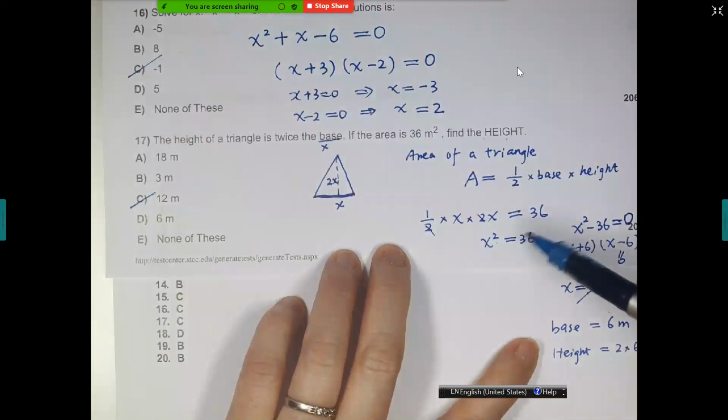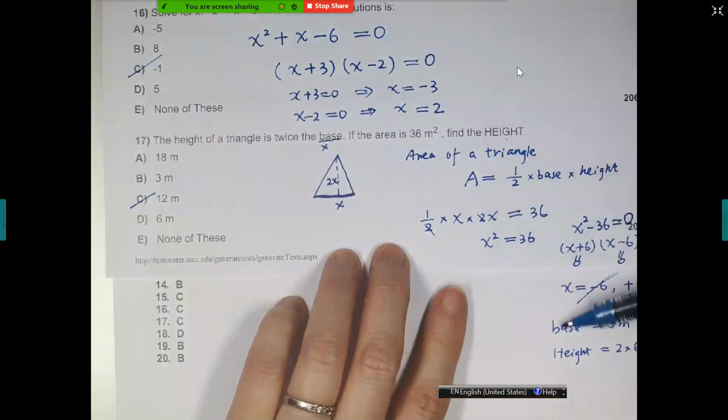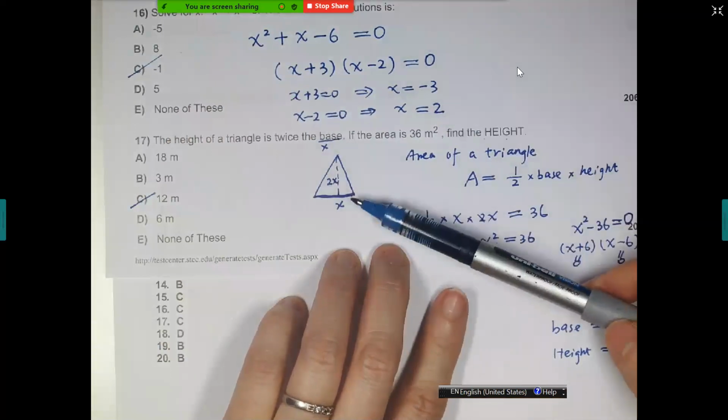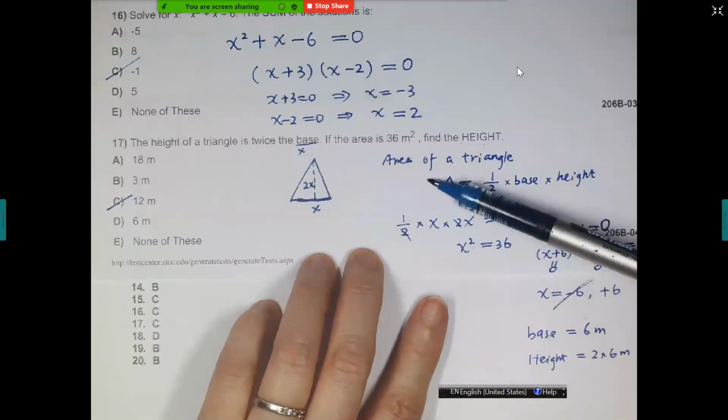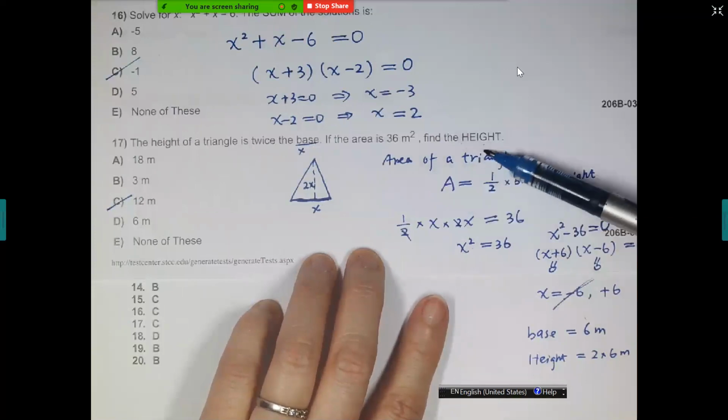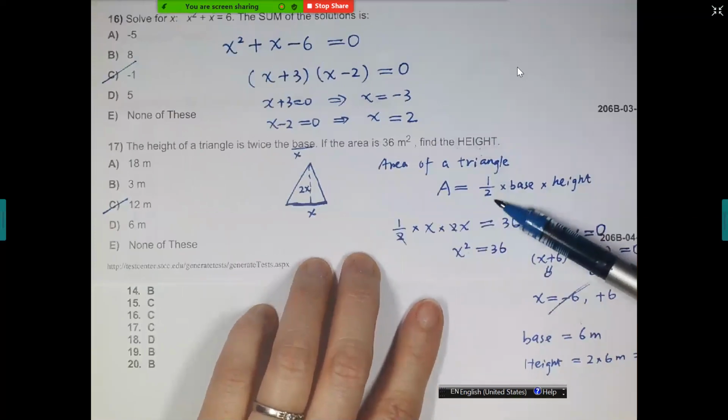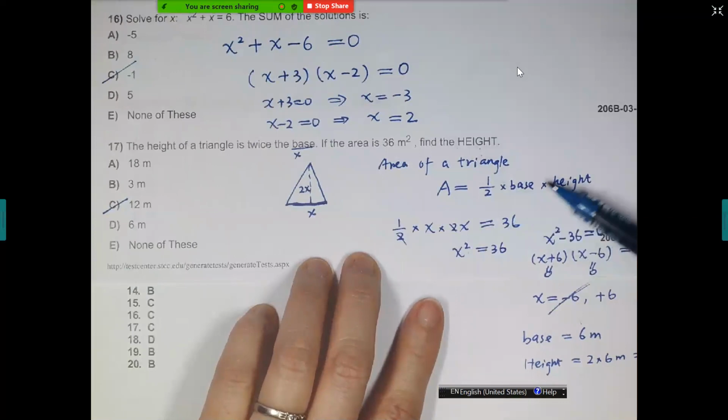All right, so what do we get from this example? For this practice problem, for any word problem, if it is about a figure or triangle, draw a sketch first, then recall the formula. To calculate the area of a triangle, we always have 1/2 times base times height.